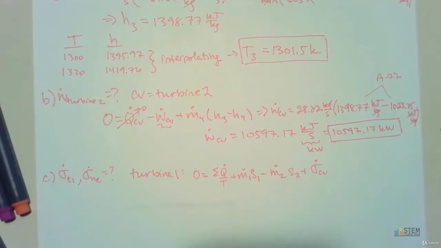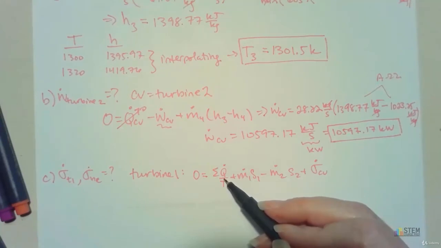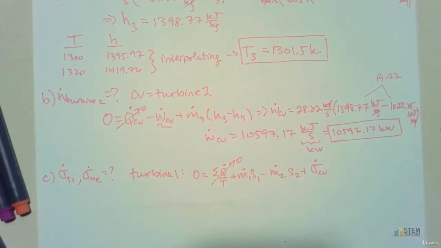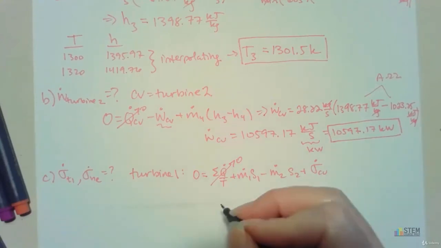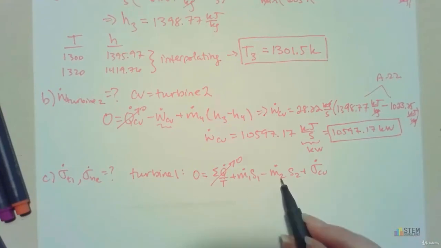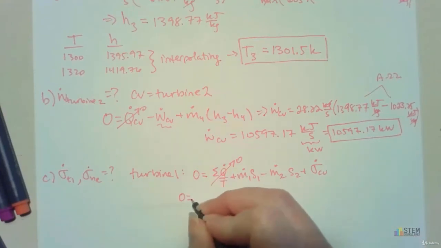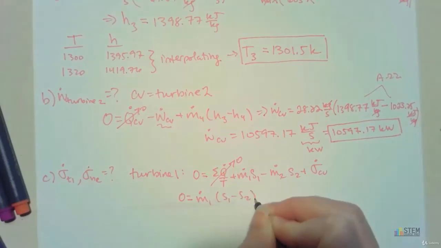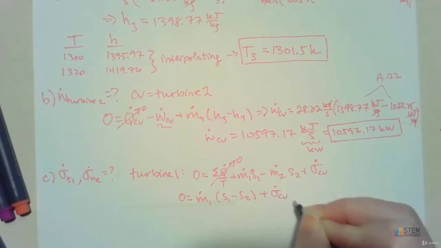Alright, so that'll be our equation. Now this term right here, we don't have any heat transfer, so let's get rid of that. That goes away. And now let's look at the rest. We know m1 dot is equal to m2 dot, so let's simplify this equation. We'll say 0 equals m1 dot times s1 minus s2 plus sigma dot cv.